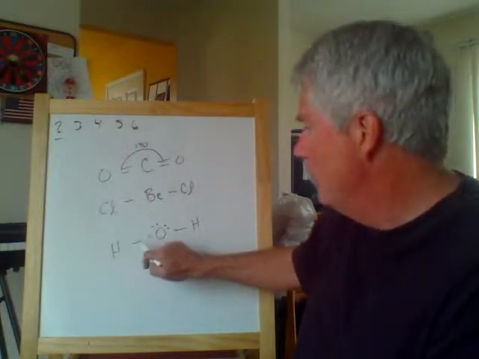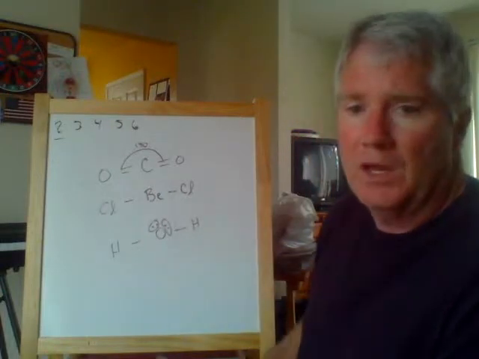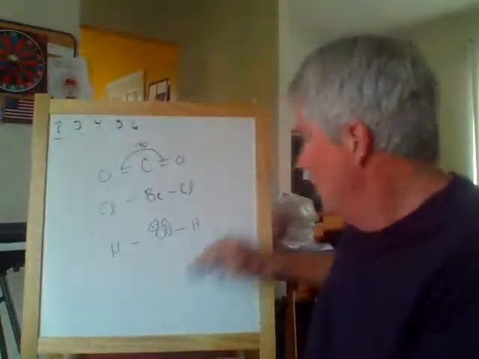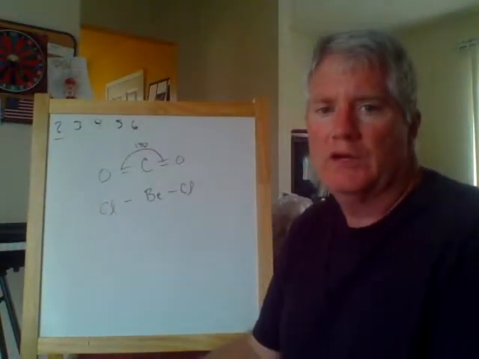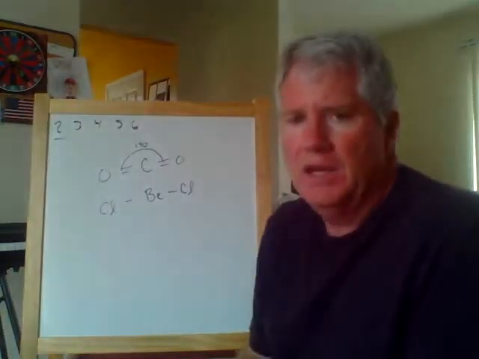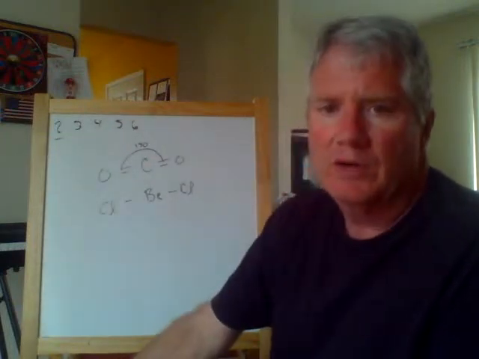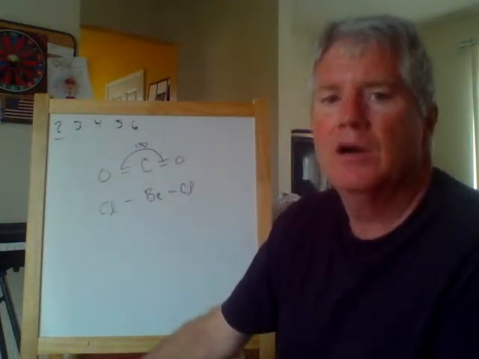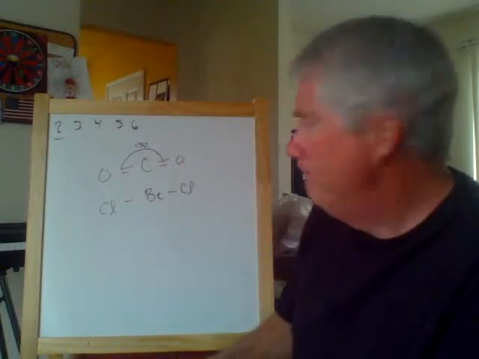It's actually surrounded by 4: 1, 2, 3, 4. So water is not an example of the case of 2 electron groups. The molecular shape when you have 2 electron groups around the central atom is linear, and there are no deviations to that. The angles are always 180 no matter what.